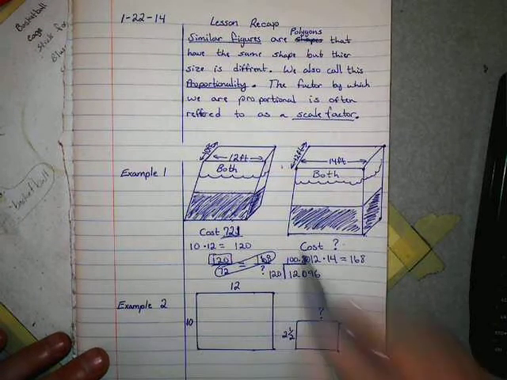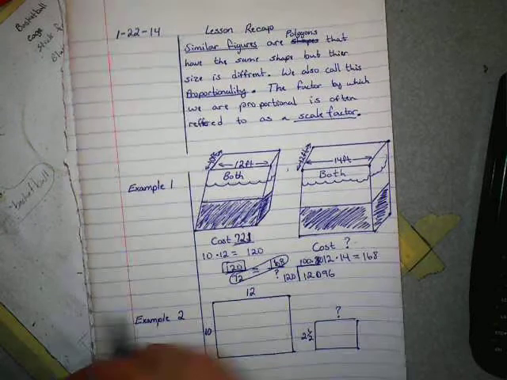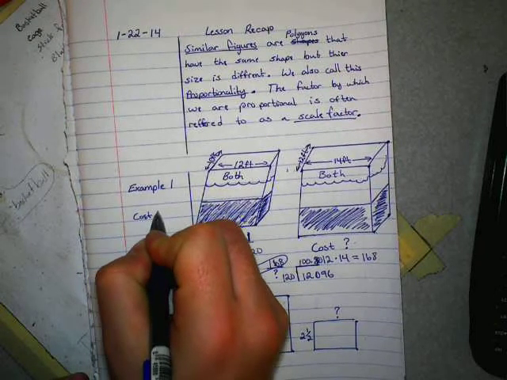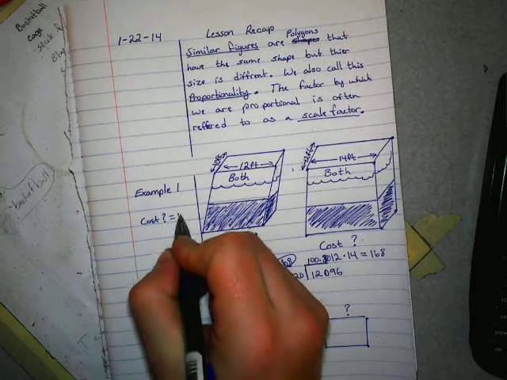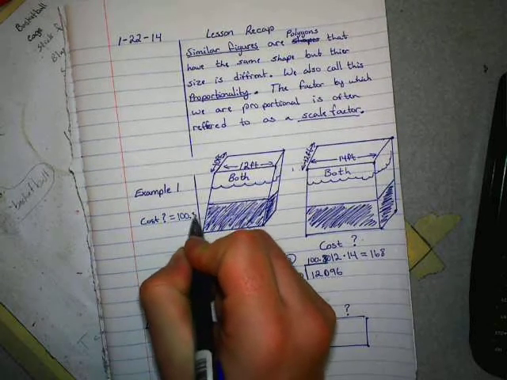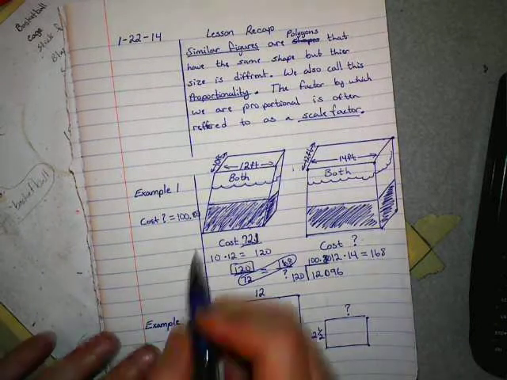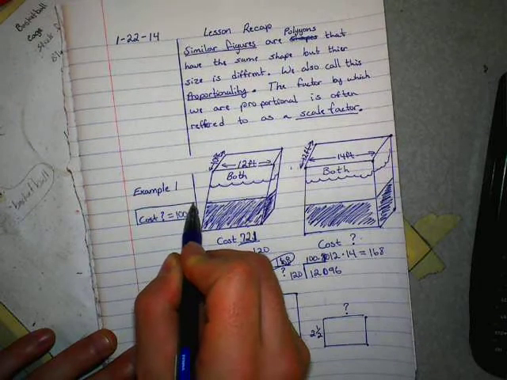I've got a lot of mess right here and it's hard to read. If I was turning this in to my teacher, he'd say you can't see anything. So under my example, the cost that we didn't know is actually equal to $100.80. Fair enough? Not too complicated. Fairly simple.